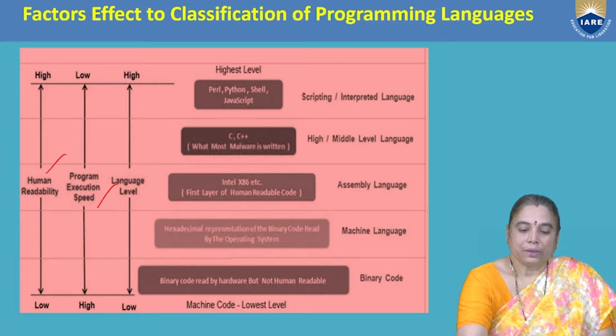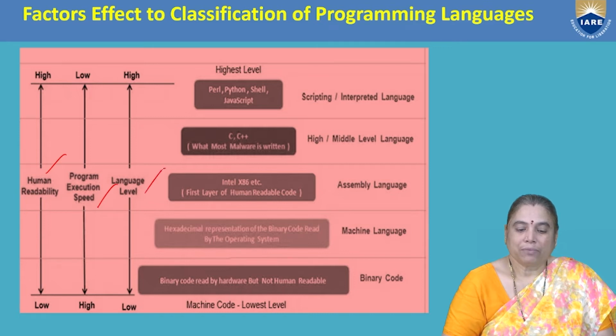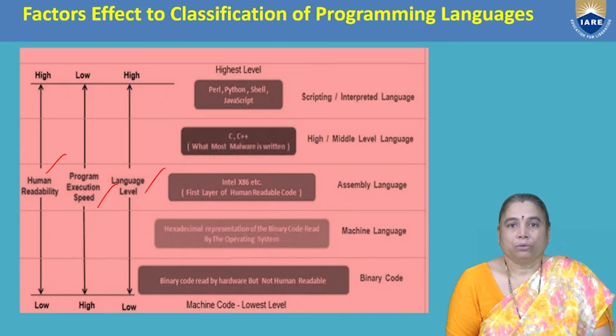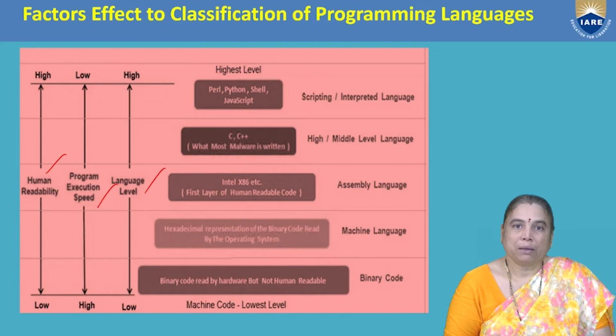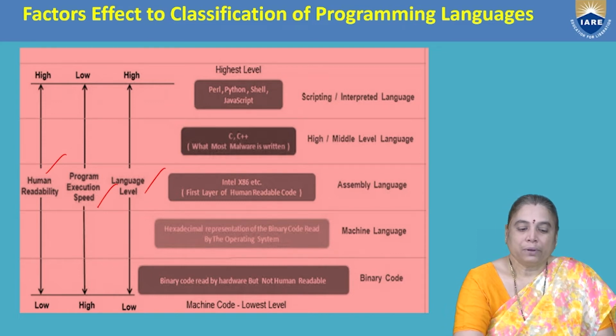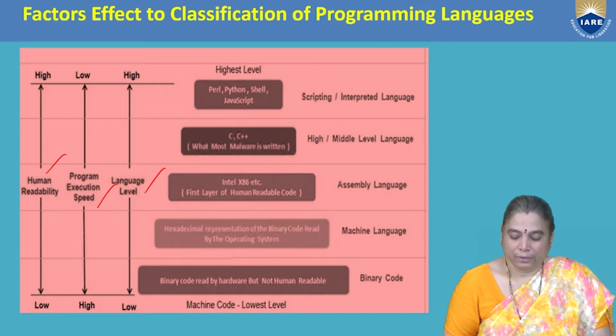Next is the language level, and how the conversion of one level to another level has to be taken care of. So the factors considered during the categorization of levels of programming languages are human readability, program execution speed, and the language level.